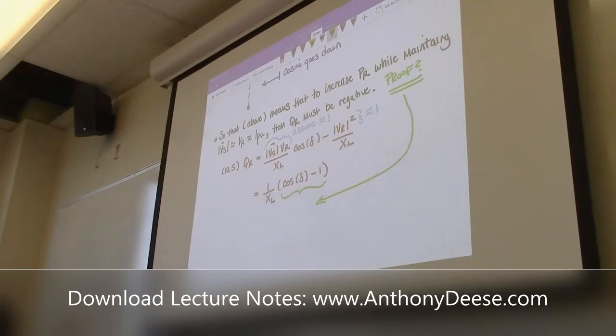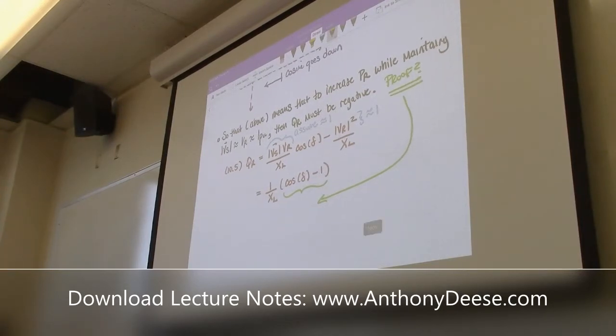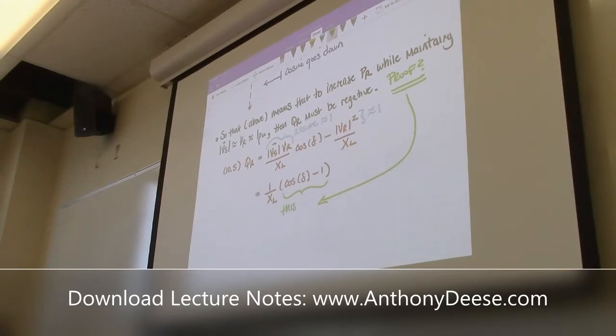We didn't provide any justification for that. However, if you look at what we just did with our assumption that VS VR is equal to 1, VR squared is approximately equal to 1, then you'll see that this value here must be less than or equal to 0.